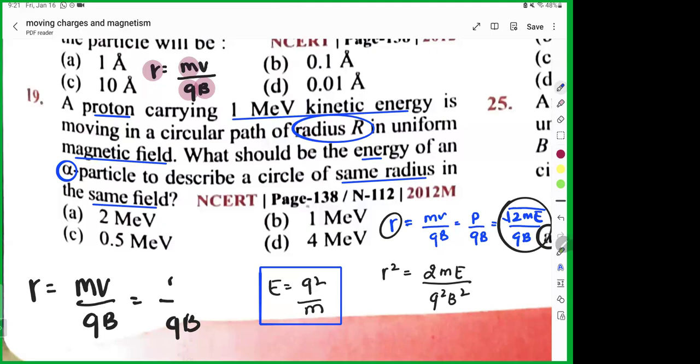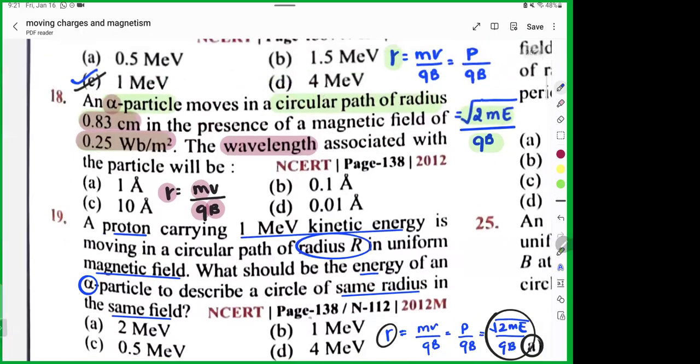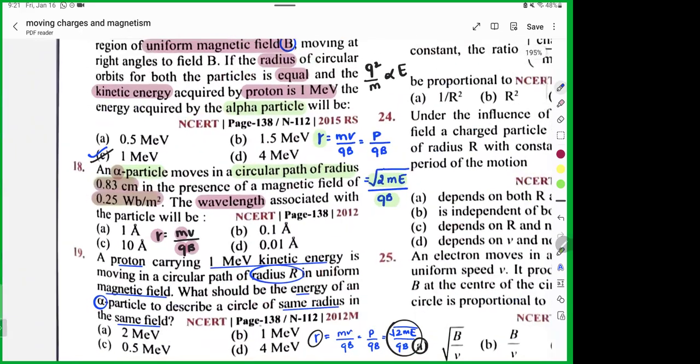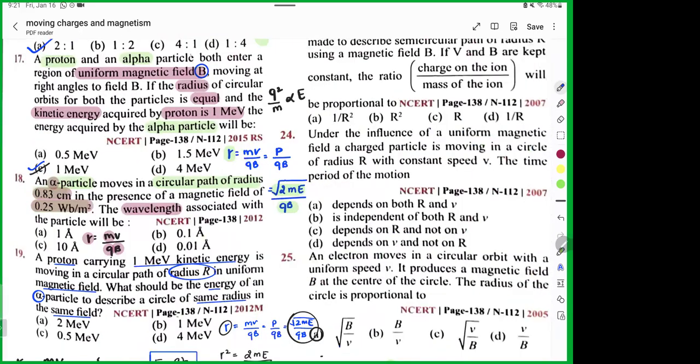Understood, guys? Don't you think this is the repeated one? Yes, this one. The 17th and 19th questions are exactly the same. Same radius, same magnetic field, same proton and alpha. Everything is the same, isn't it?